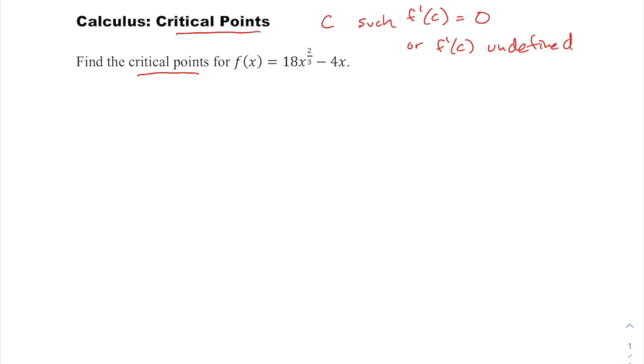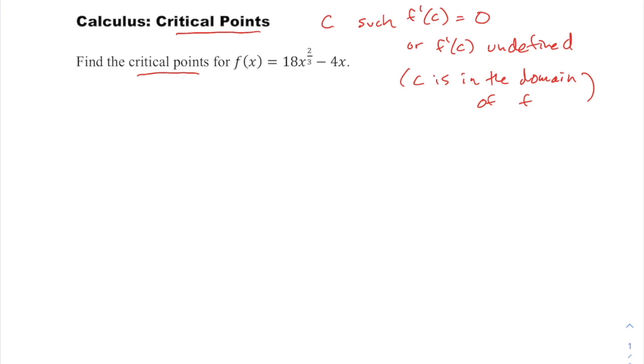So any x value where the derivative is 0 or undefined, and it should be said that c must be in the domain of f of x. So the function itself does exist to be considered a critical point.